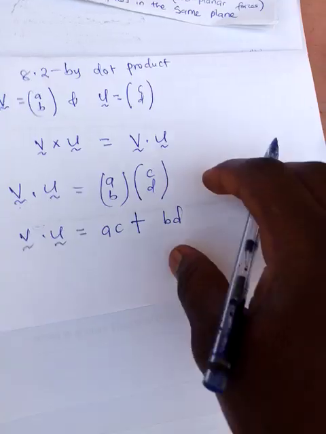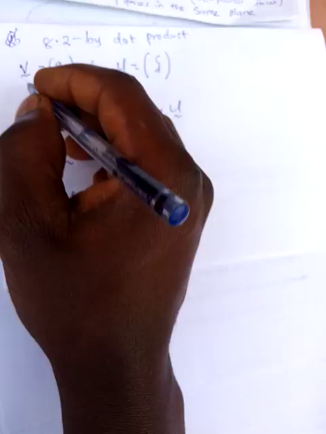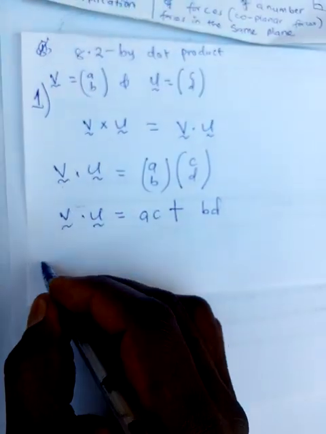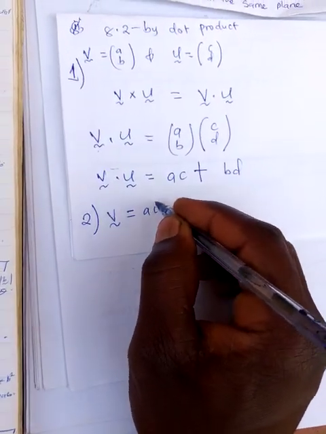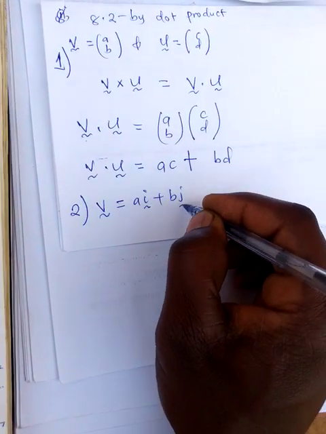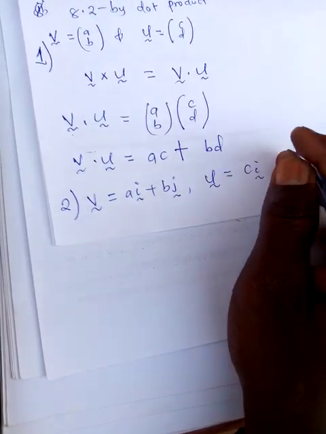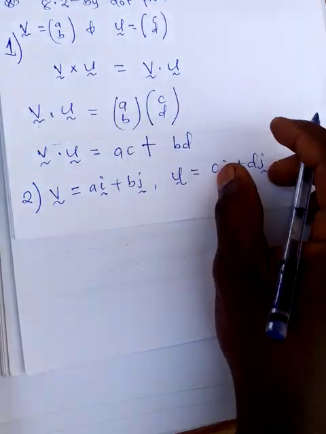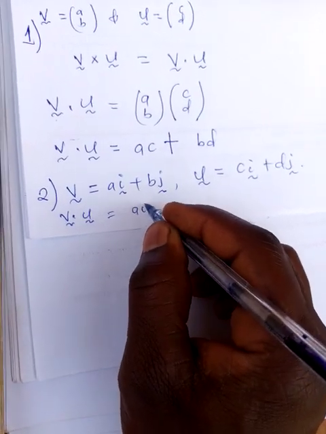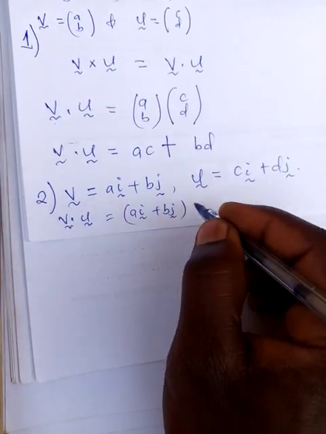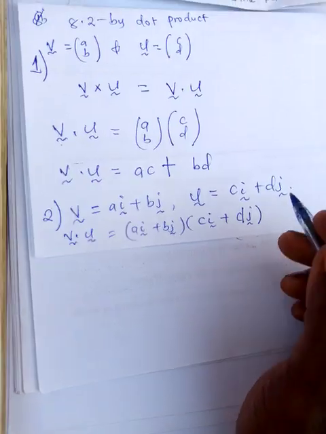Let us say this is category 1. We have category 2, which is, if it's given that vector v is a in I and b in j, and u is c in I plus d in j, then vector v dot vector u will equal a in I plus b in j times c in I plus d in j.